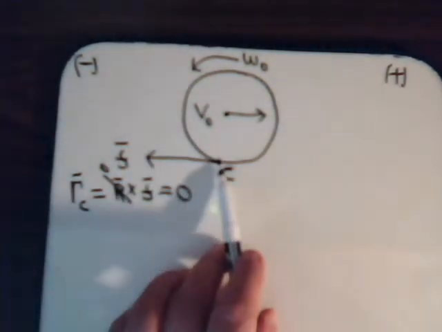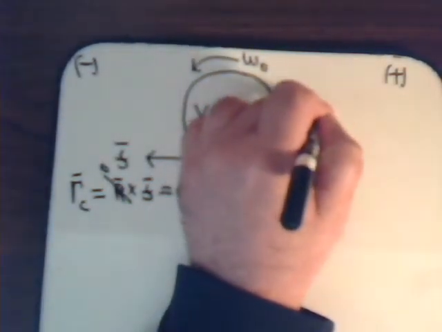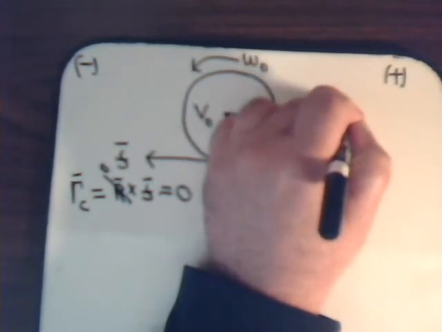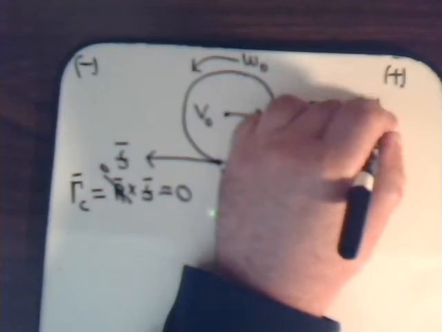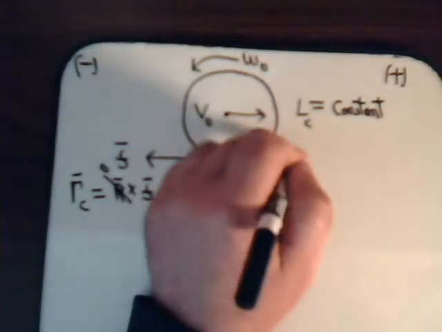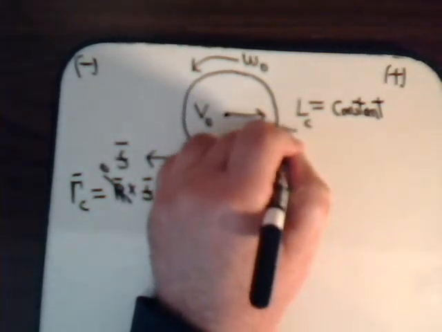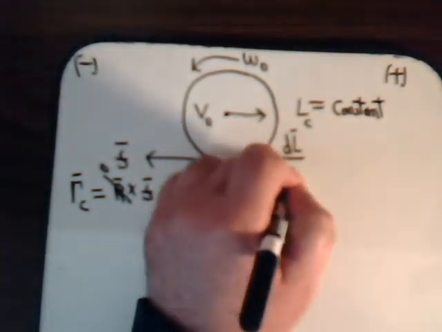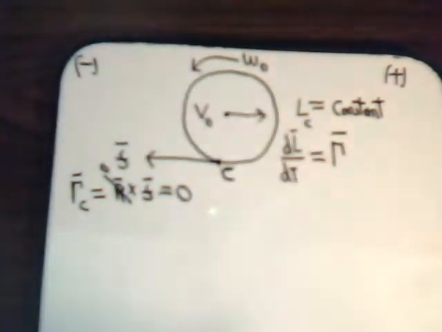So this tells us at point C, angular momentum is conserved. It's always a constant. And we know that because the time derivative of angular momentum equals the torque.